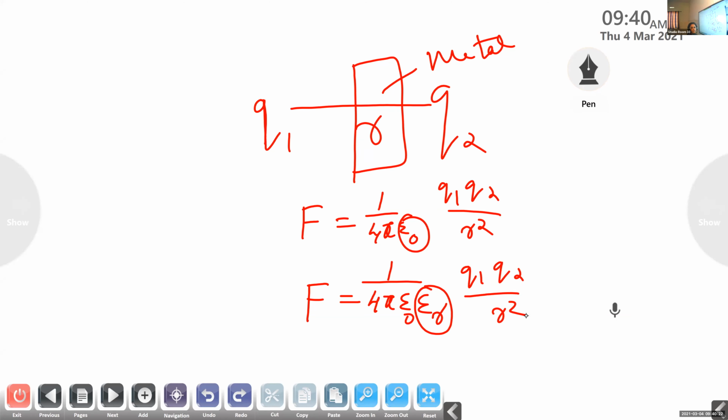This relative permittivity of the medium is the ability of the medium to permit the electric field. So epsilon 0 is the permittivity of free space to allow the electric field to pass through it. Similarly, epsilon r is the permittivity of the medium to permit the electric field. Clear?